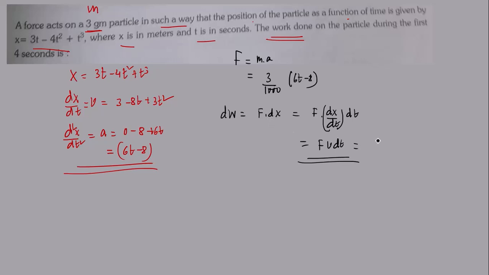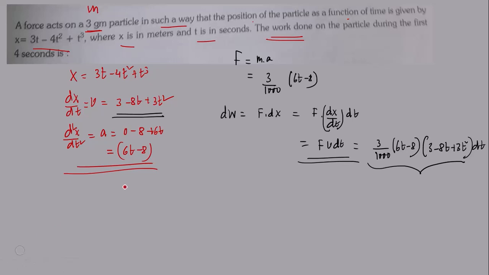So F is how much? 3 by 1000 into (6t minus 8), that is F. What is v? v is obtained from the expression 3 minus 8t plus 3t square, multiplied by dt. So this is the small work done on the particle by the applied force.